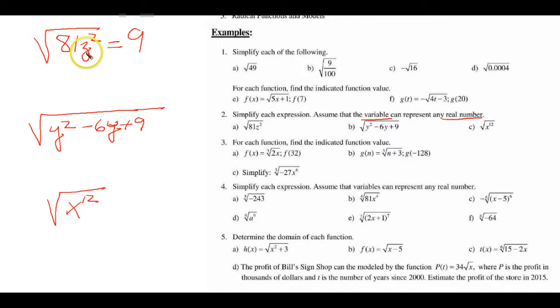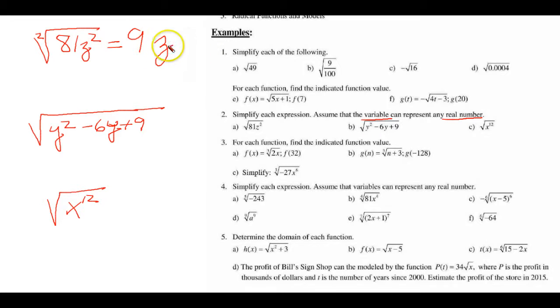Now when we take the square root of z squared, and keep in mind that in our next section we're going to indicate that there's an index number there that we don't write when it's a 2. But if we take that 2 and divide it, we get z. But that z could have been a negative value.